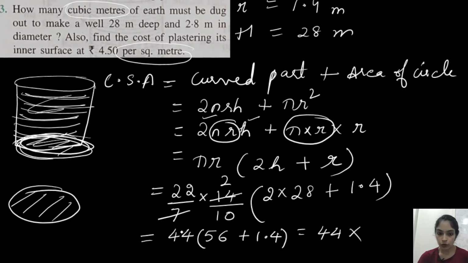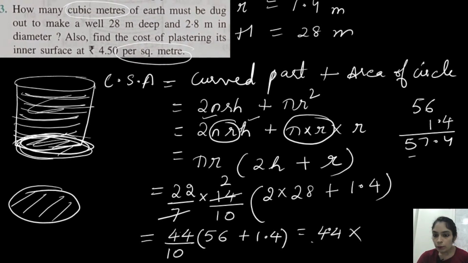Yes, it is 44 by 10, so let it be 4.4. So 56 plus 1.4 will become 57.4. Just multiply this, don't make any mistake. 4.4 into 57.4.